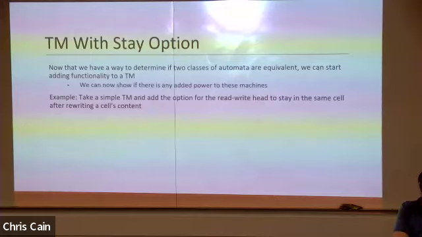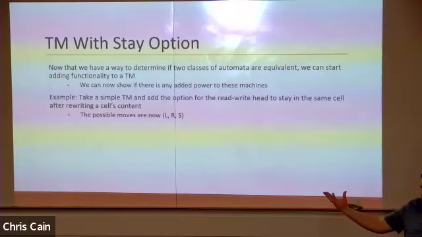So what this tells us is that now we can make a theoretical model of a Turing machine that has that stay, because we can define what it means to stay in a Turing machine that doesn't do it. So in the future, if you would like to write Turing machines that have stay rather than just left and right, you can do that because we have shown that it is equivalent.